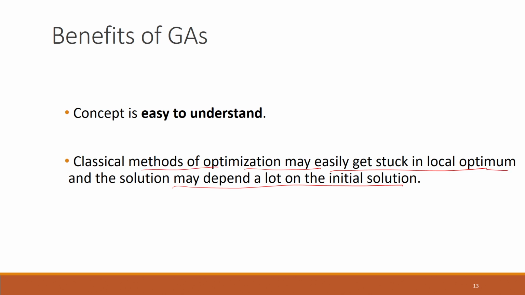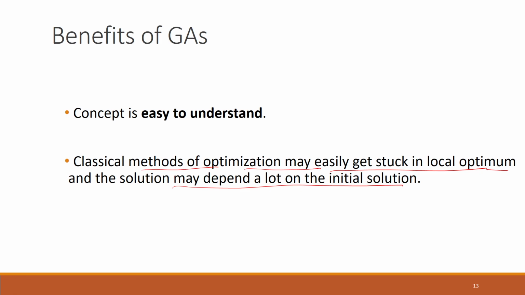which is usually not the case with a genetic algorithm, because it operates on a set of solutions every time. That is, we have a population and all of these operators like selection, mutation, crossover are randomized, and because of the presence of operators such as mutation, these introduce diversity in the solution. So even if the whole population of a genetic algorithm proceeds in a particular region of the feasible area, because of the presence of mutation it will introduce some changes, and there is a likelihood that we can get some solutions belonging to a different area of the feasible region, and that might prevent the whole solution from getting stuck in a local optimum.